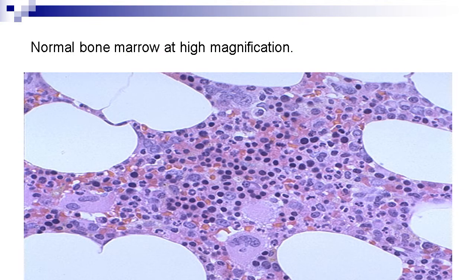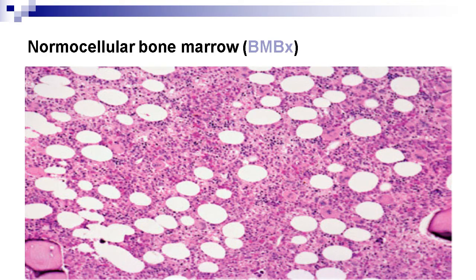This is a close-up, or a higher magnification, of the bone marrow. These are the fatty cells, and this is the cellular component with megakaryocytes, the large cells. These are the precursors of the red blood cells, and these are the precursors of white cells. This is a bone marrow biopsy, a tissue fixed in formalin and stained with hematoxylin and eosin.